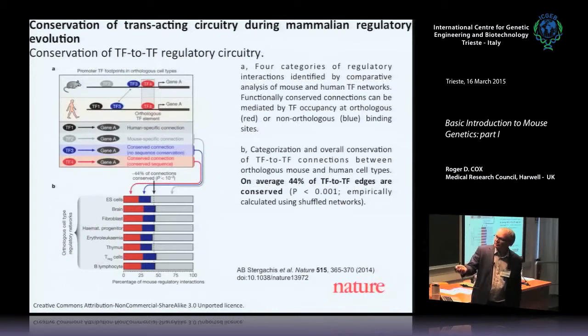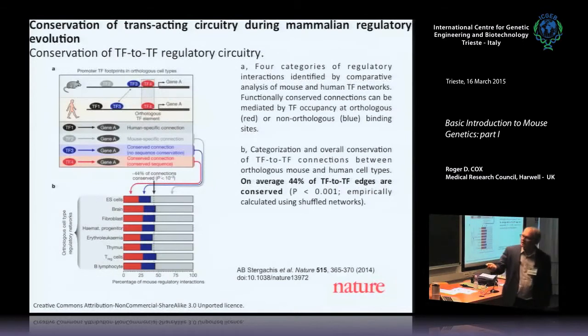So there's a conserved connection between transcription factor 3 in mouse and human and gene A, although in this example the sequence isn't conserved, so they're in different positions of the promoter. And transcription factor 4 is conserved between mouse and human, and it also binds to the same sequence. So about 50% of the mouse regulatory interactions have this sort of conserved connection, and a proportion are conserved at the sequence level.